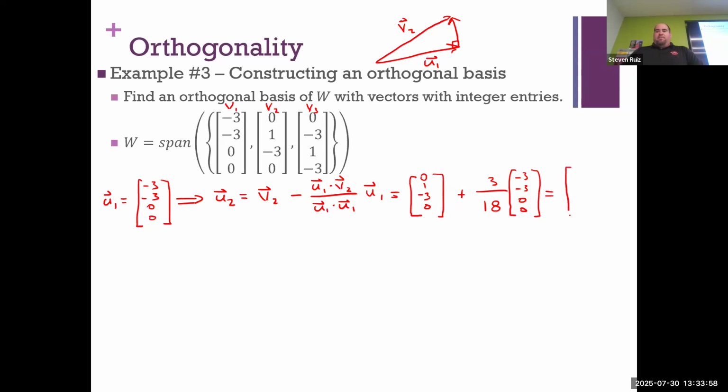So if I evaluate this whole thing, 3 over 18 is 1 over 6, right? So I get 0 plus -3 over 6, -1/2. 1 minus 1/2. So 1/2. -3 plus 0. And 0 plus 0, right?